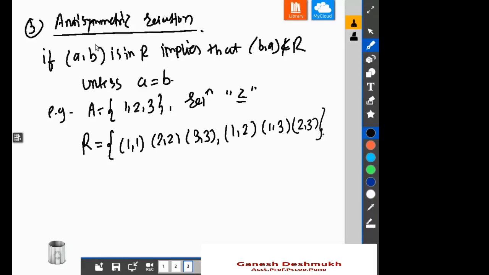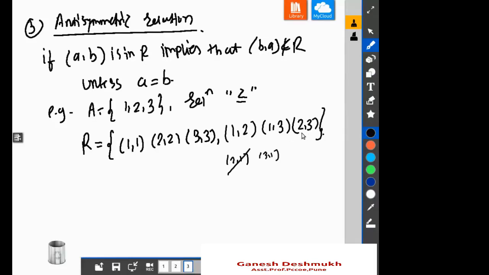So according to the definition of antisymmetric relation, if (A, B) is in R, it implies that (B, A) does not belong to R. So if (1, 2) belongs to R, it implies that (2, 1) does not belong to R. So it is not there in this relation. If (1, 3) is in R, it implies that (3, 1) should not be there in R. It is not there in this relation.